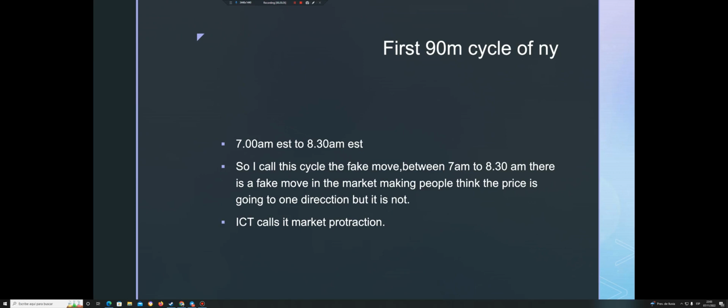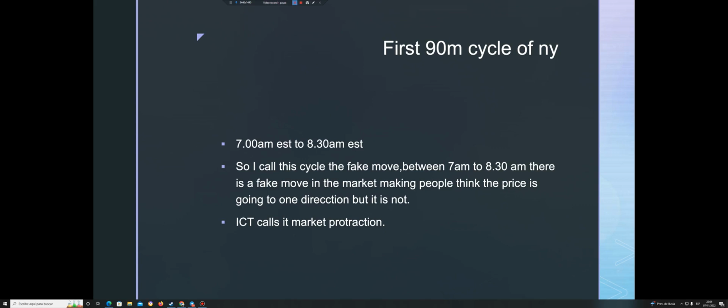But if you watch that video of ICT saying London time, at 7 a.m. there is a fake move that makes people think the price is going in one direction, but it's not. And he calls it the market protraction.